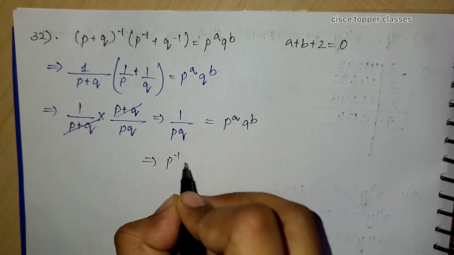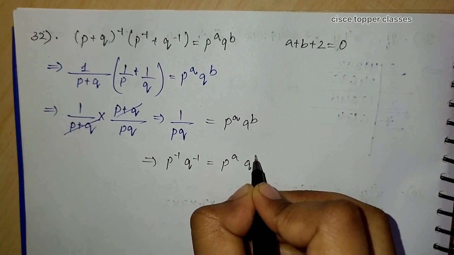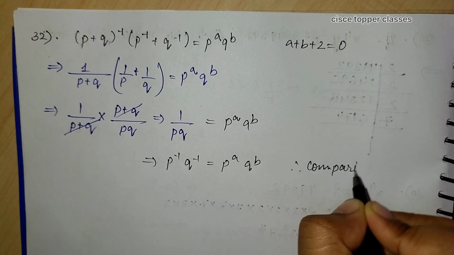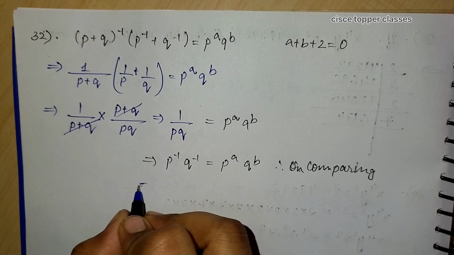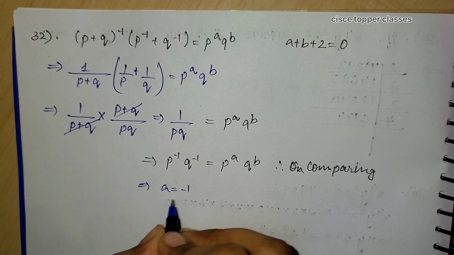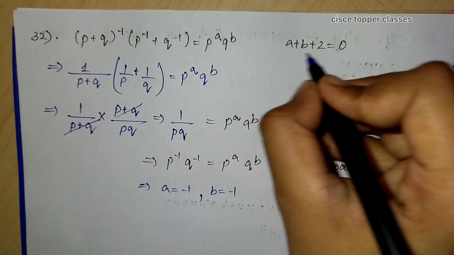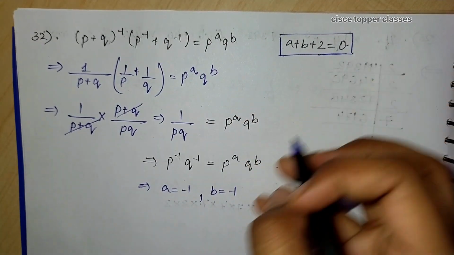So P to the power -1, Q to the power -1 is equal to P to the power A, Q to the power B. On comparing this part, it will be a to the power -1 comma b to the power -1. Now we have to prove that this is equal to 0 only.